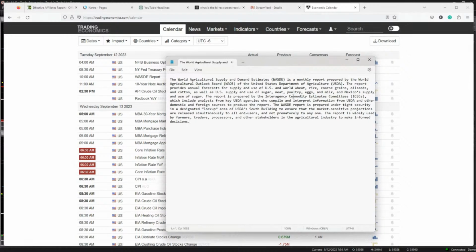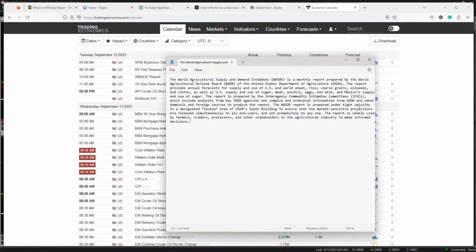The report is prepared by the Interagency Commodity Estimates Committee, which includes analysis from USDA agencies who compile and interpret information from USDA and other domestic and foreign sources to produce the report.